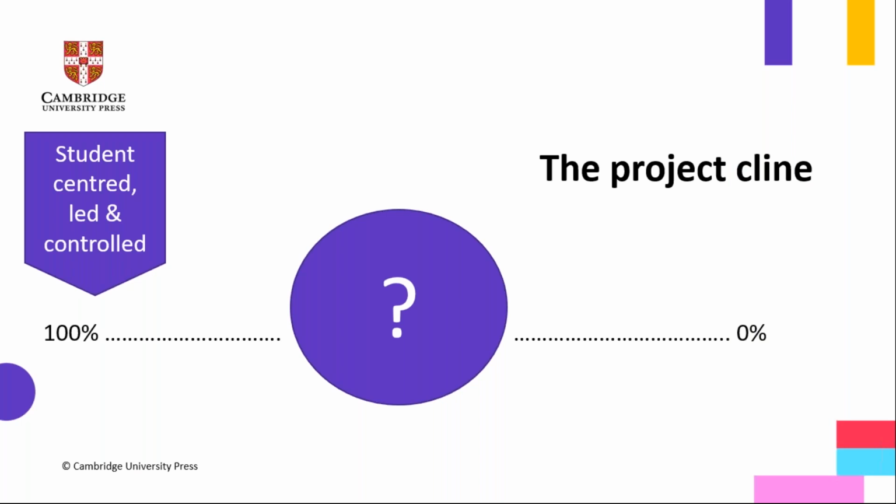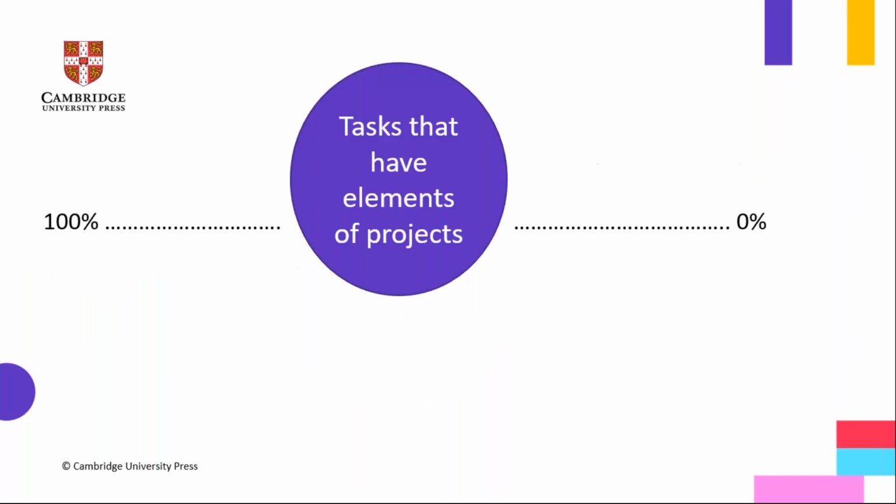But we're not going to just jump from one to the other, and we're not going to have that all the time anyway. I think it's very important to allow students to get involved in tasks that have elements of projects, so they can develop these skills slowly, surely, one at a time. They can't develop everything suddenly.